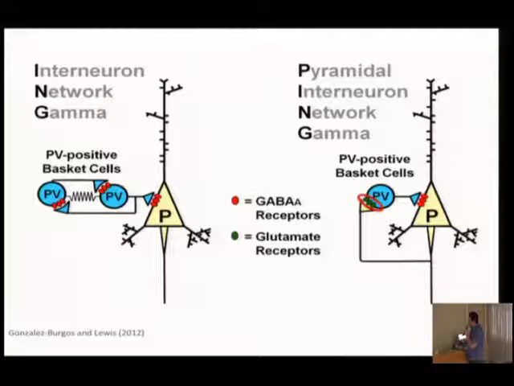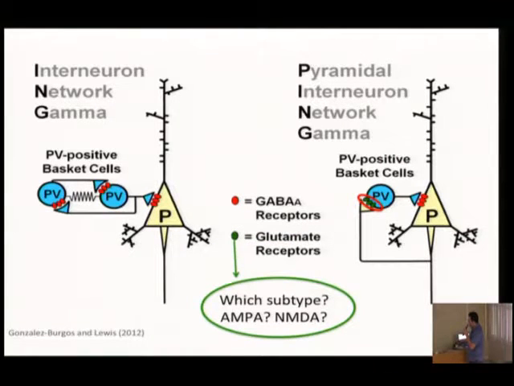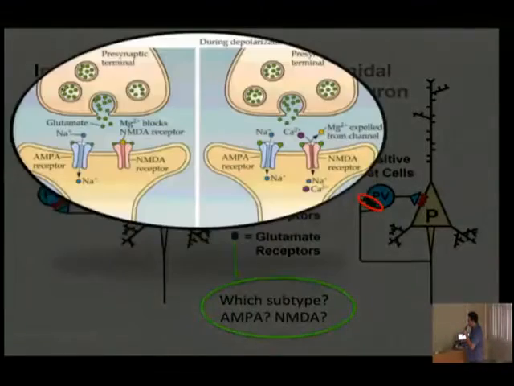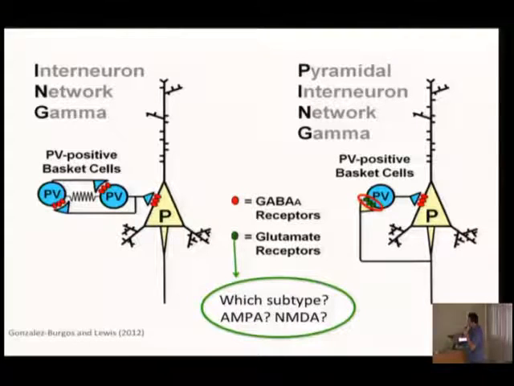On the other hand, actually, there are two pieces of evidence. One showing that if you knock out GluR-D receptors, that is important for AMPA receptors, in PV neurons specifically, you have a very severe decrease in gamma oscillation production.